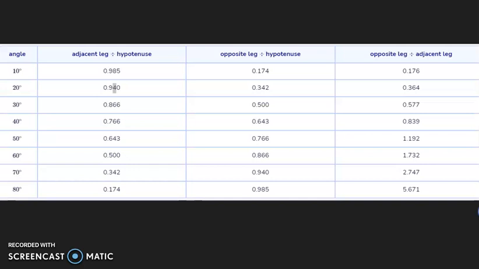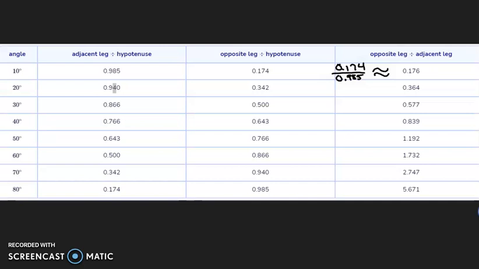So hopefully you found, after some investigation, that if you take the second answer, which is 0.174, and you divide it by the first answer, we're going to get an answer that's very, very close to 0.176.